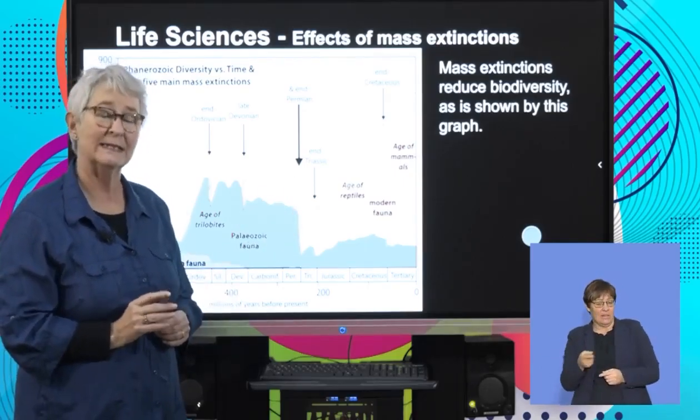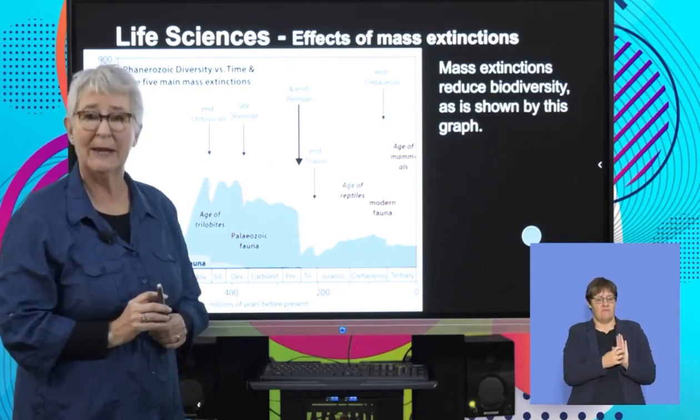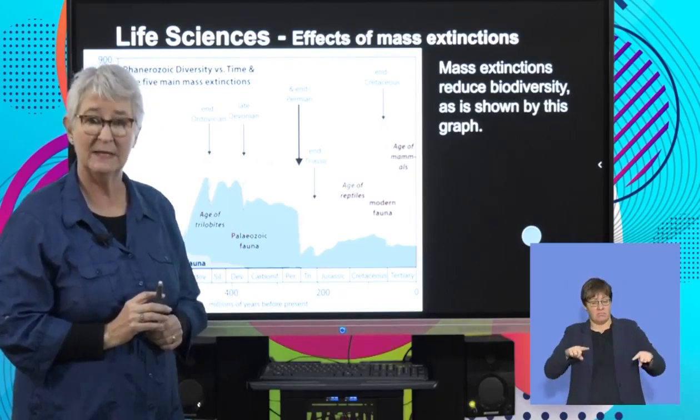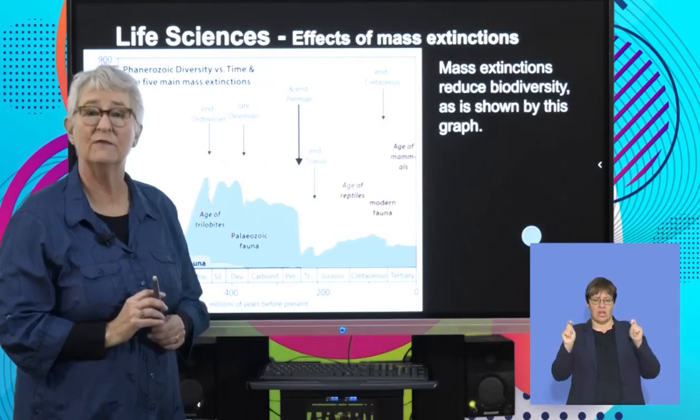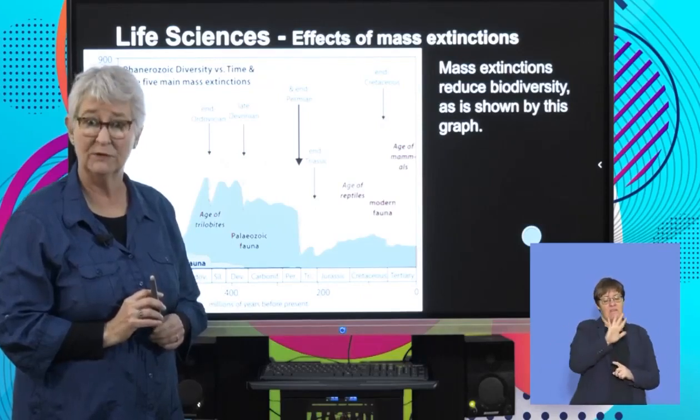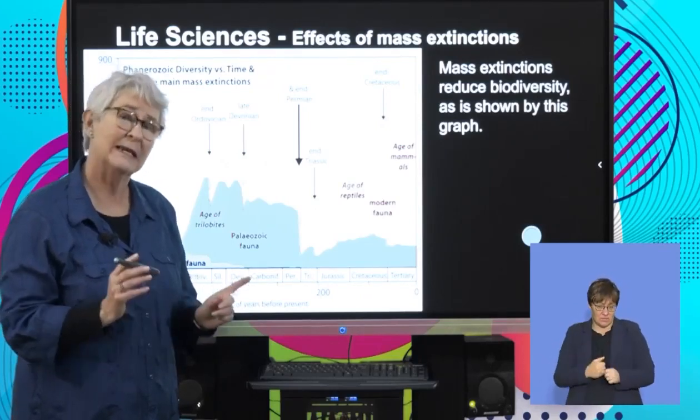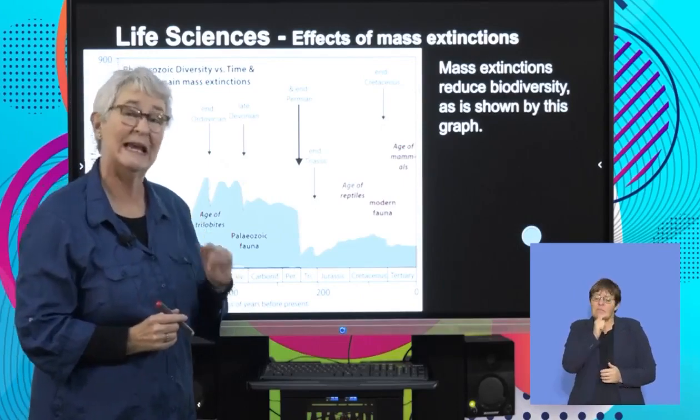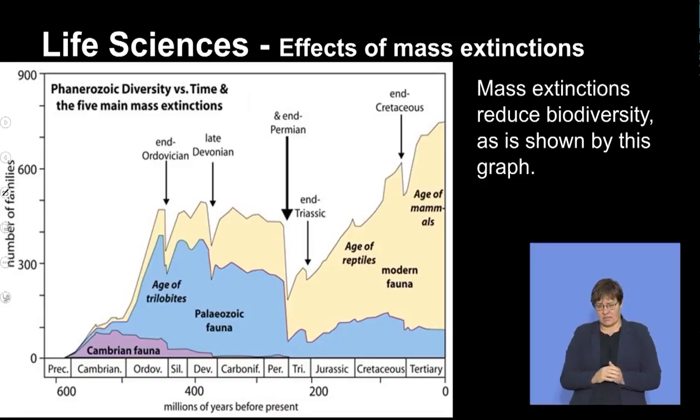This is a graph showing how the biodiversity of life has changed over the past 550 or so million years. Let's have a look at what it's actually telling us. If we look at this, we can see that the number of different groups of animals, in other words, the biodiversity, goes up and down.